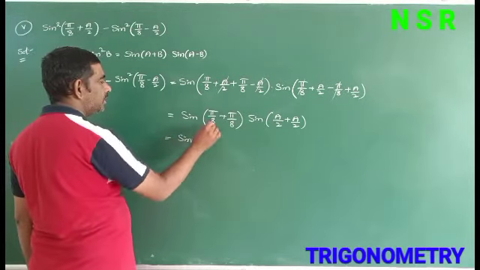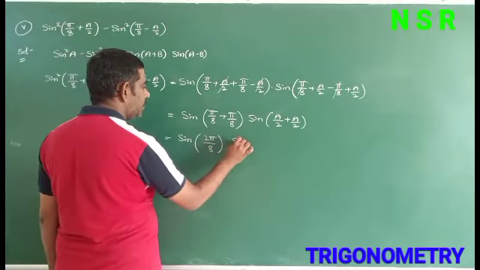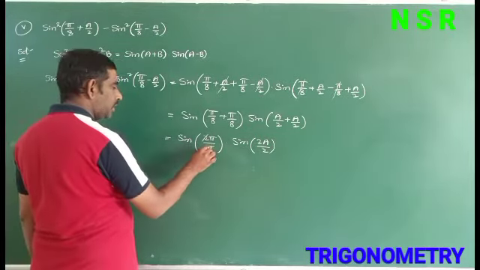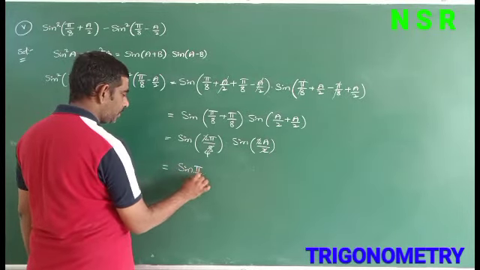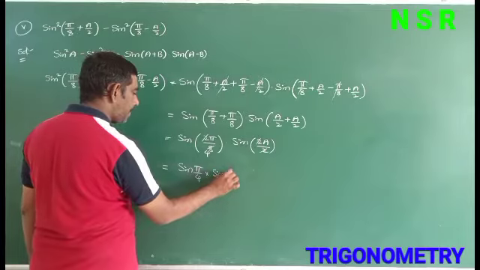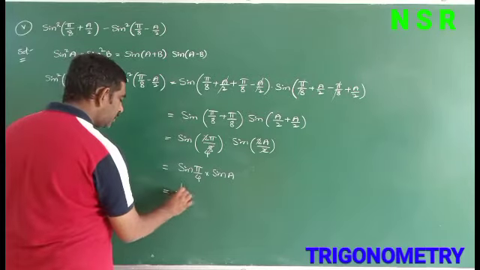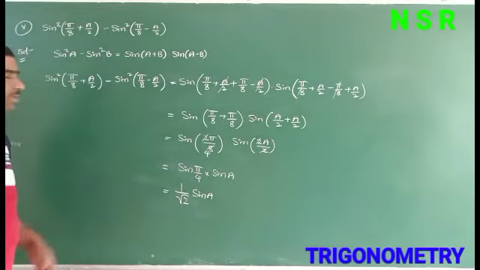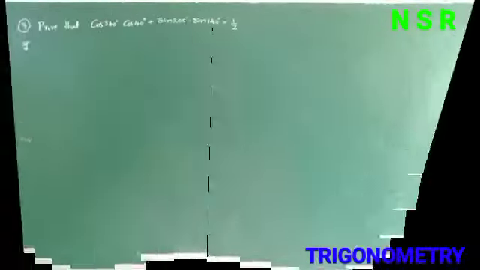Here the LCM is 8: pi plus pi is 2 pi by 8, into sin 2A by 2. Cancelling, 2 fours are 8, and the 2s cancel, we get sin pi by 4 into sin A. Sin pi by 4 means sin 45, whose value is 1 by root 2, into sin A. So the value is 1 by root 2 sin A.